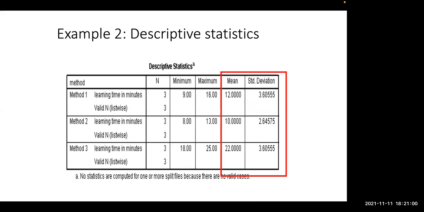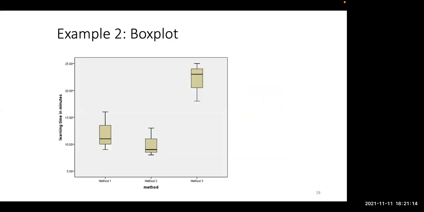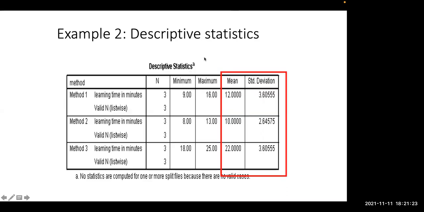In this context, it's a different example. It's a learning example, but it basically goes the same pathway. We have three different groupings. If we would compare each group individually, and these are the outcomes, they are substantially different, right? You can see already that this one is likely going to be significantly different, which is also reflected here by the mean times, right? This is 12 and 10 versus 22.